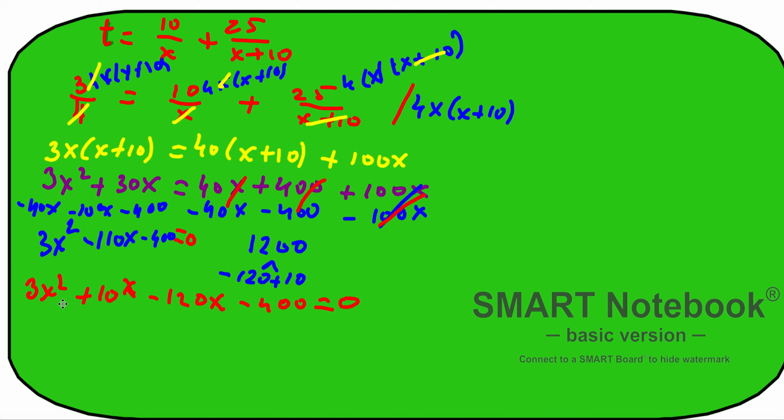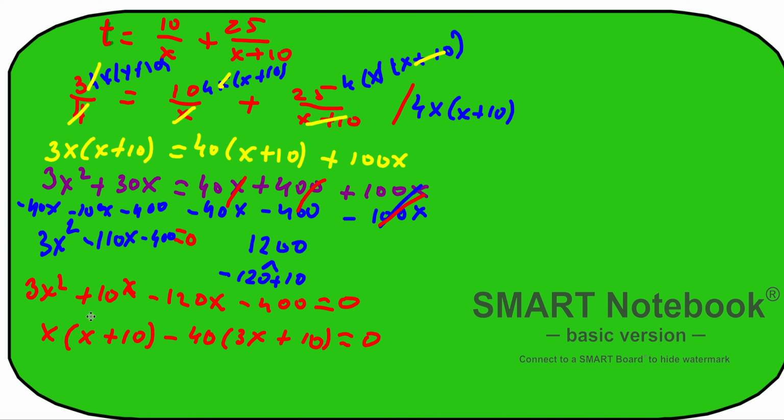Now I'm looking to factor here. For 3x squared plus 10x, x is a GCF for this part, leaving 3x plus 10. For the other part, minus 40 times 3x plus 10 is equal to 0.